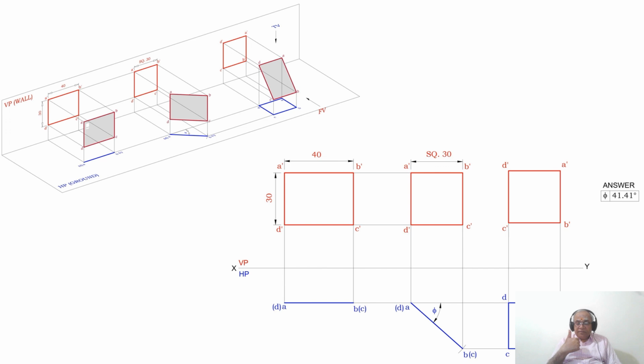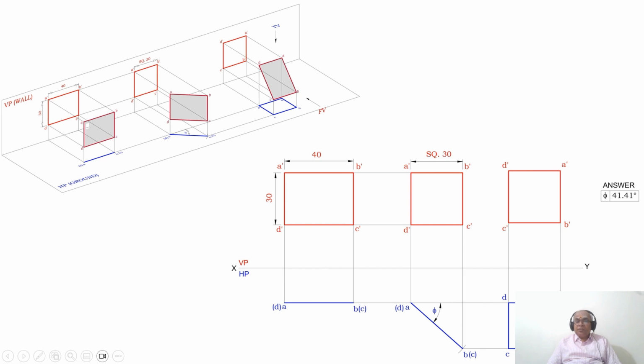If the line is perpendicular to HP, then it should be parallel to VP. So in HP you must get a point. Similarly, it is perpendicular to VP and parallel to HP, so in HP you must get a point.